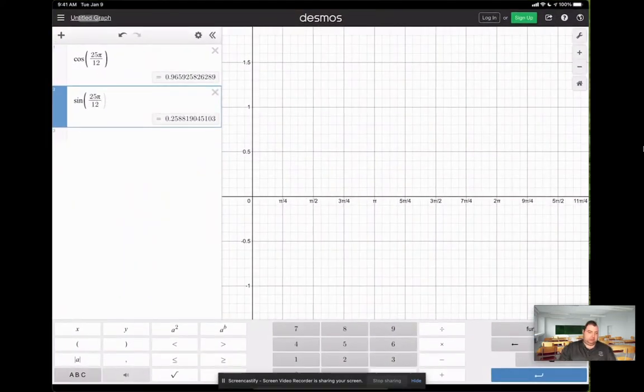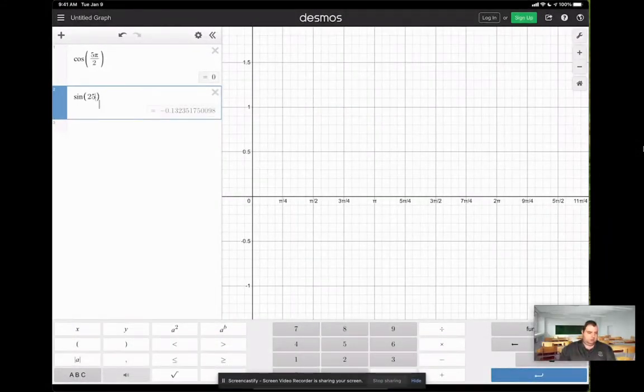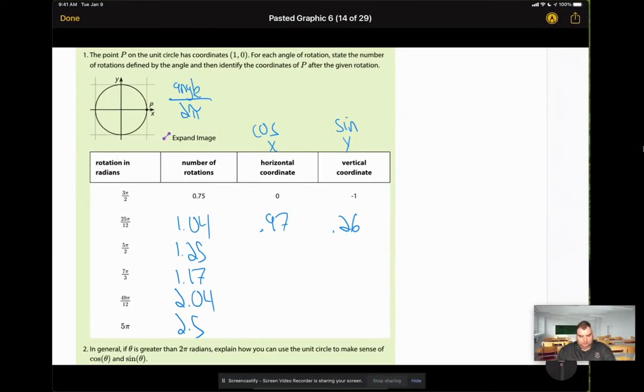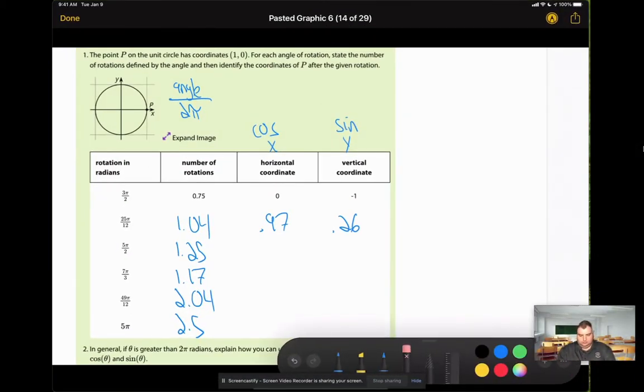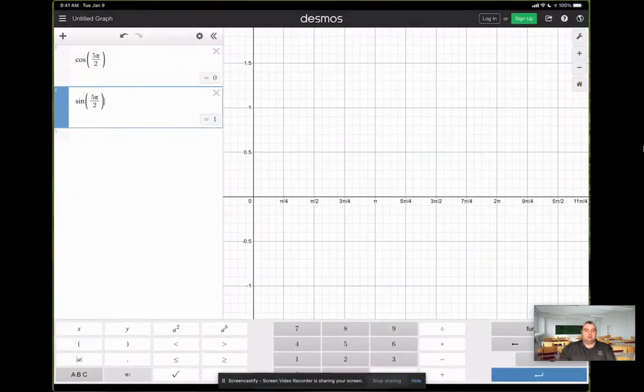So we'll just change these angle values to 5 pi over 2. All right, so that will be 0 and 1. Okay, 7 pi over 3.